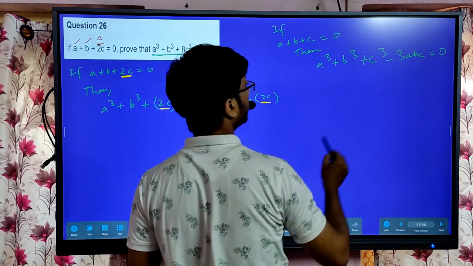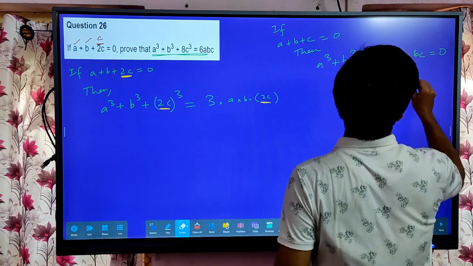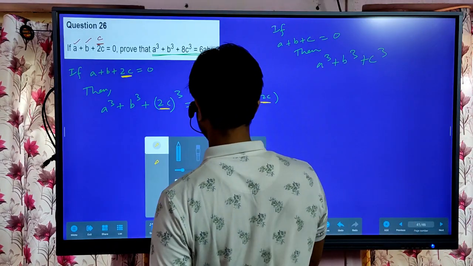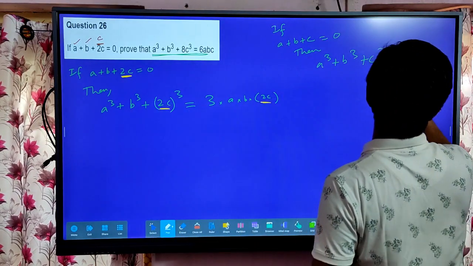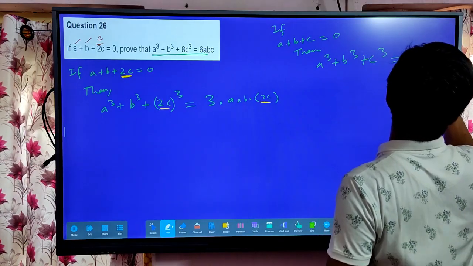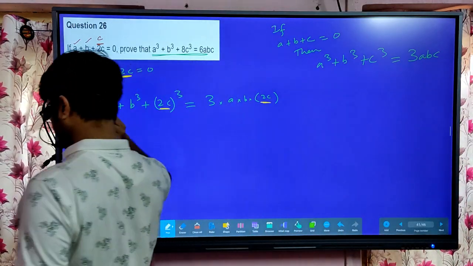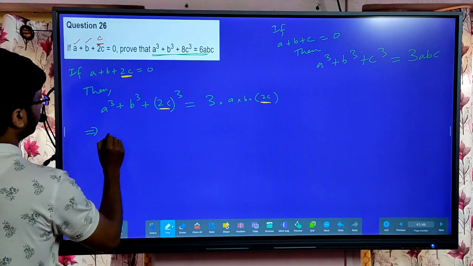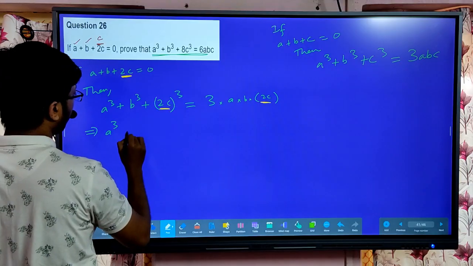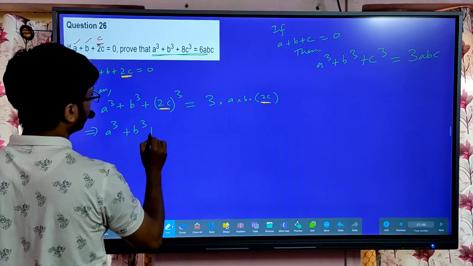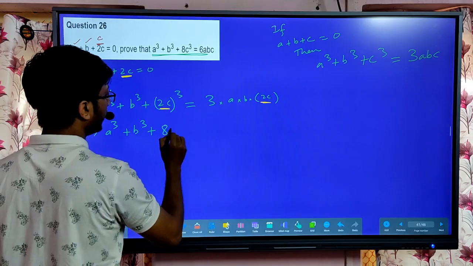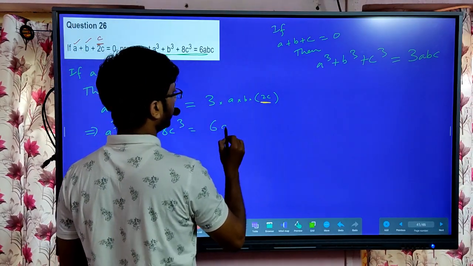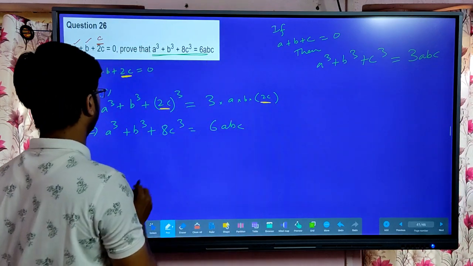So this will be equal to 3abc. Chalo, next. You can simplify: a cube plus b cube plus 2 cube is 8, so 8c cube will be equal to 3 into 2, 6abc. So it's proved.